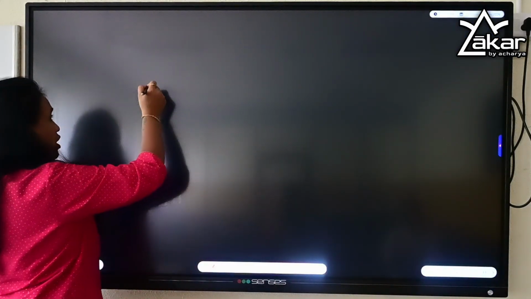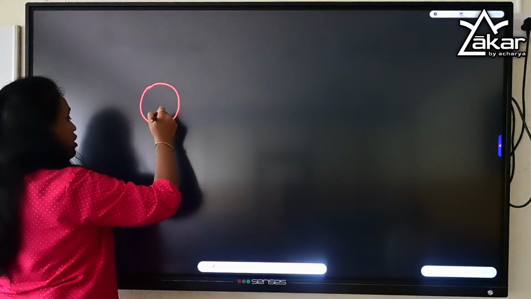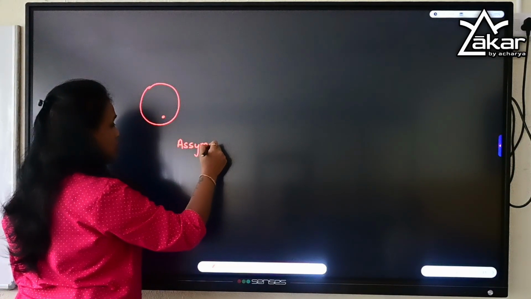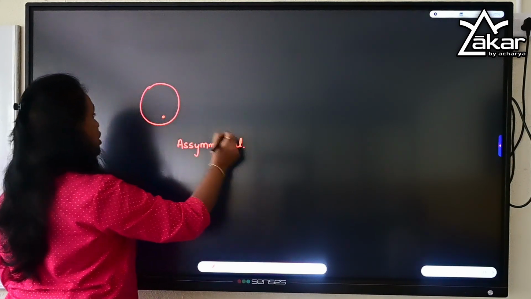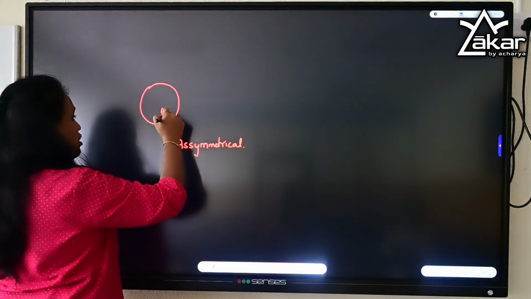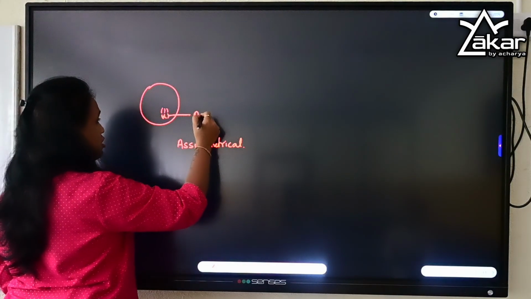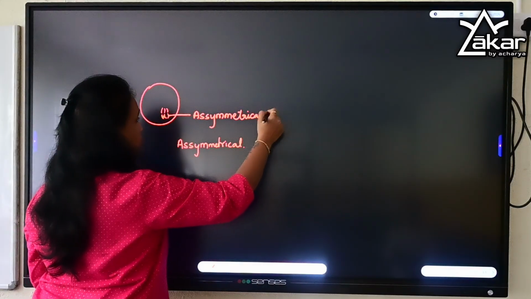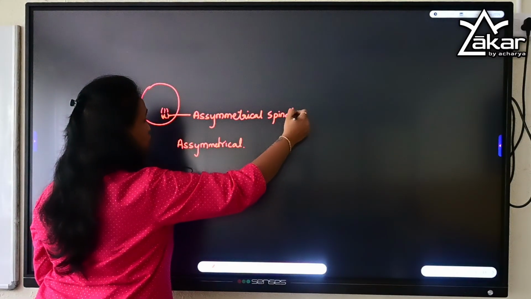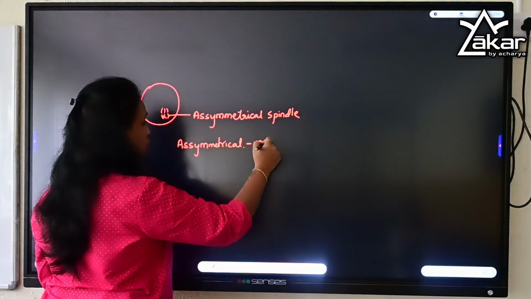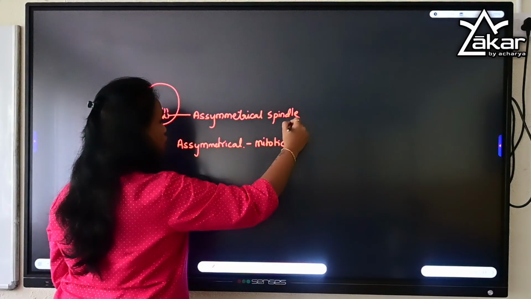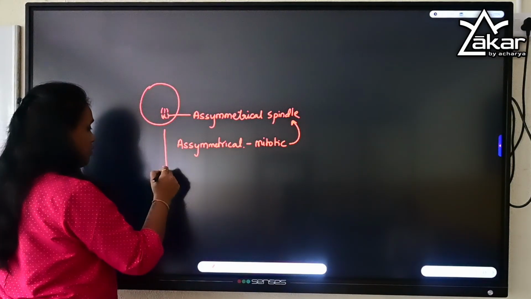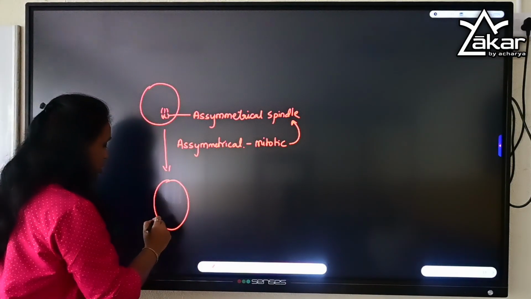This pollen grain undergoes a mitotic division with an asymmetrical spindle, which divides the pollen grain into two cells.